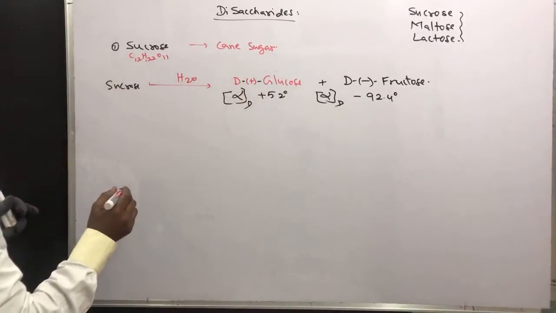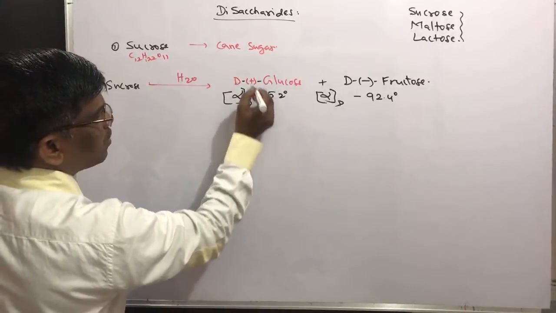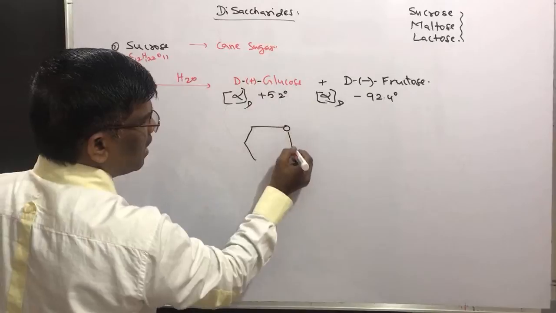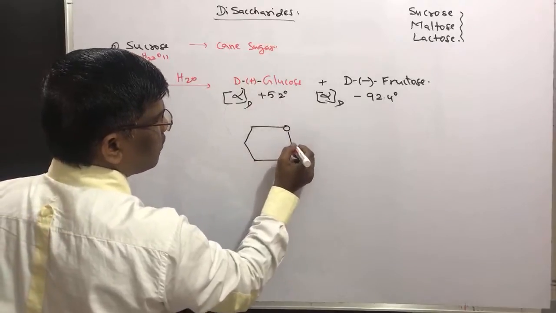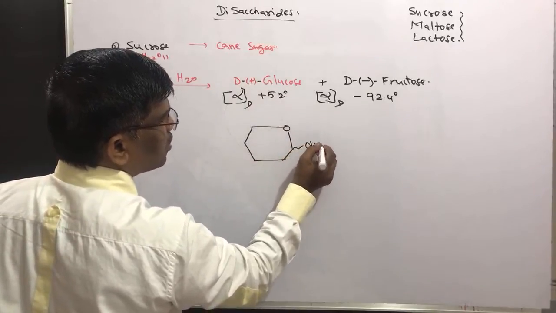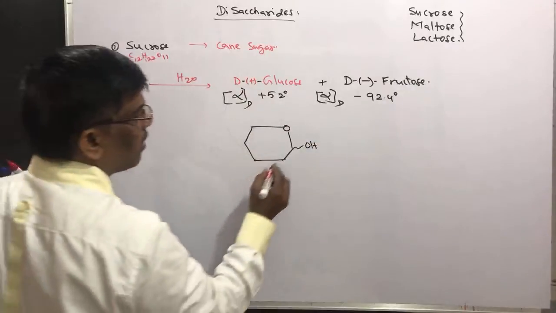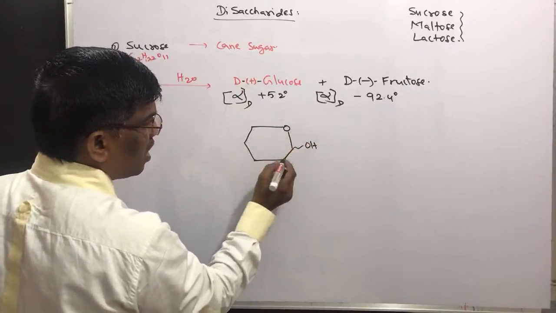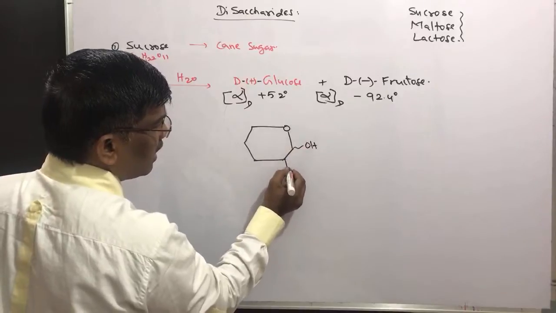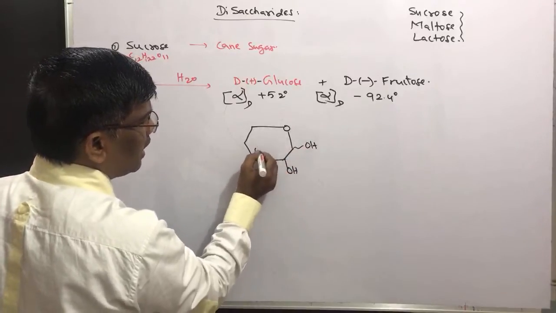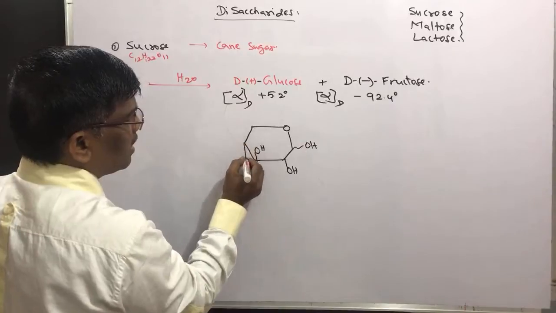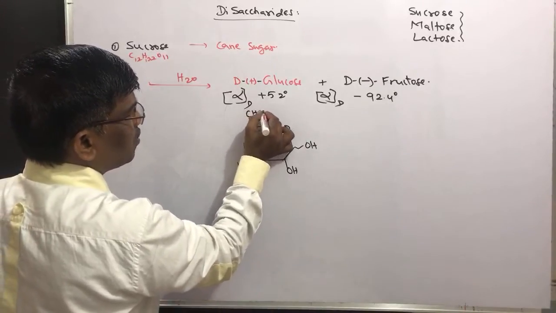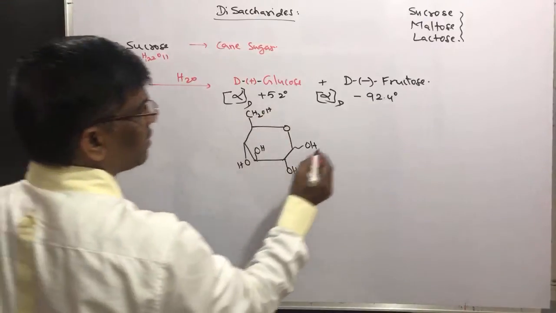Just now I have given the structures. Let me write glucose. Now we learned how to write in this form. I am not sure whether it is beta or alpha. I can write, so carbon 1 and 2, carbon 2 is right side and carbon 3 is left side. Carbon 4 right side, and this is CH2OH. Yes, it is glucose.